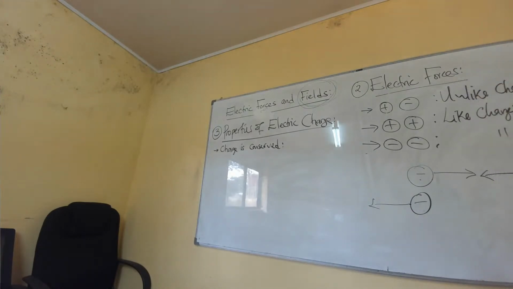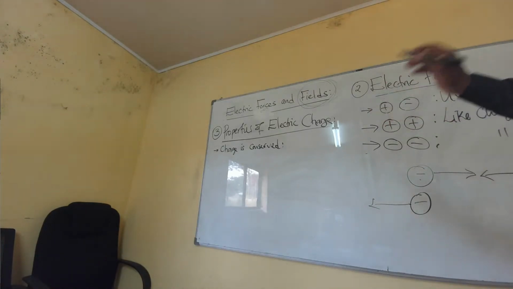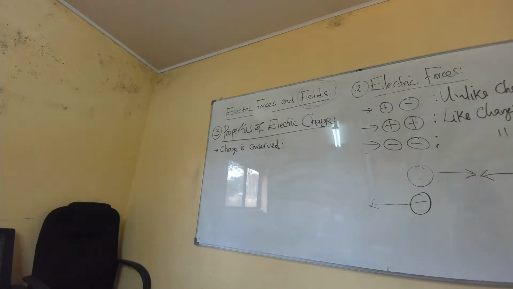In the same sense, charge also is conserved. When you bring two charges together or you rub, it means that the one that is charged will actually transfer some charges to the other body which is not charged. So you are not creating charge, but you are just transferring it. That's what we mean when we say charge is actually conserved.